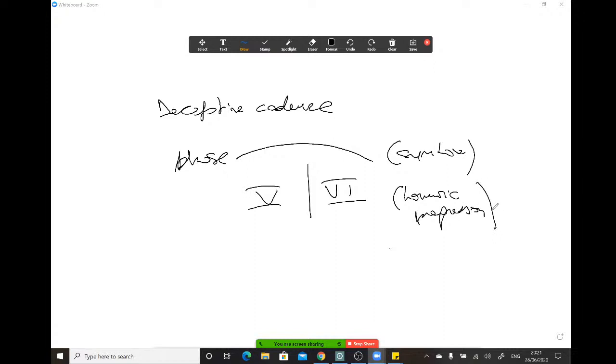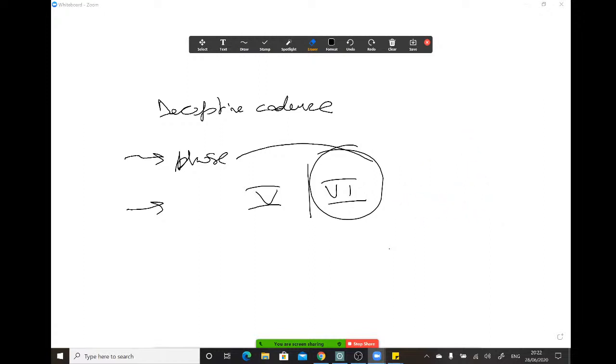So you need these two things to happen. The syntax and the harmonic progression should both finish there. I don't understand what the letters are. Sorry, my letters are not right.